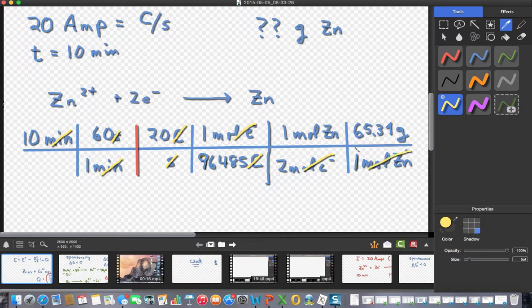Moles of zinc now cancel. I have my answer in terms of units in grams of zinc. So now all that remains is to simplify this monster expression, and when we do this, we find that we will obtain 4.07 grams of zinc.